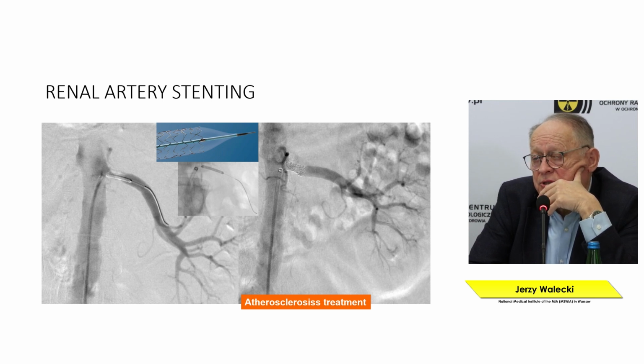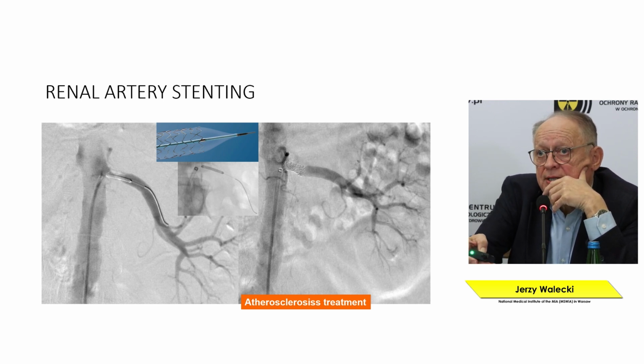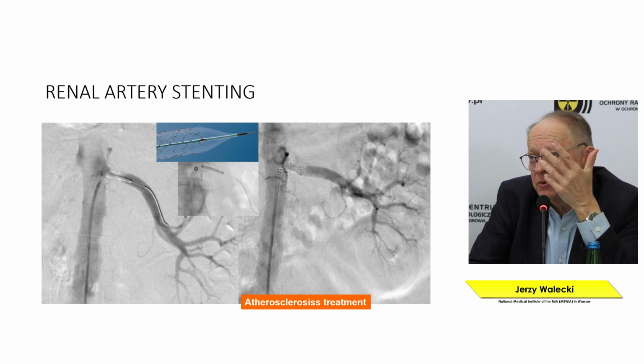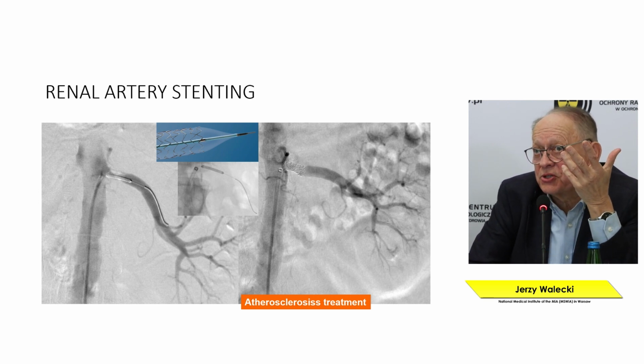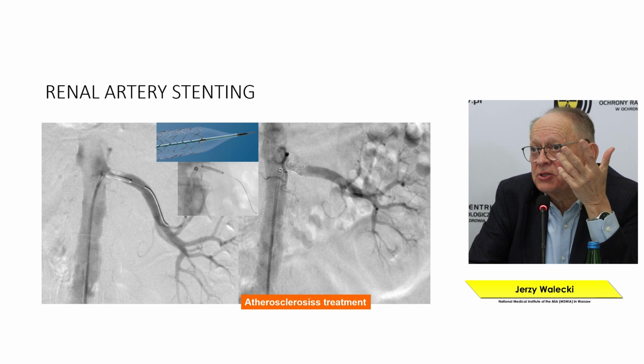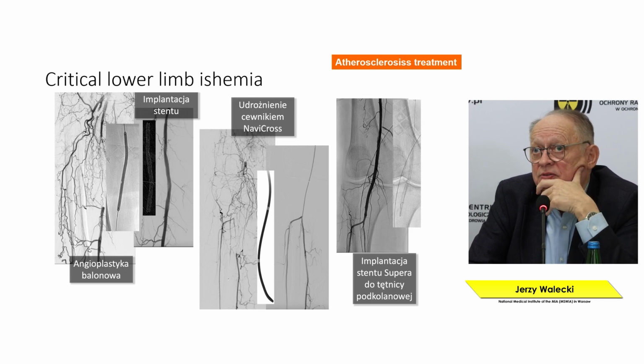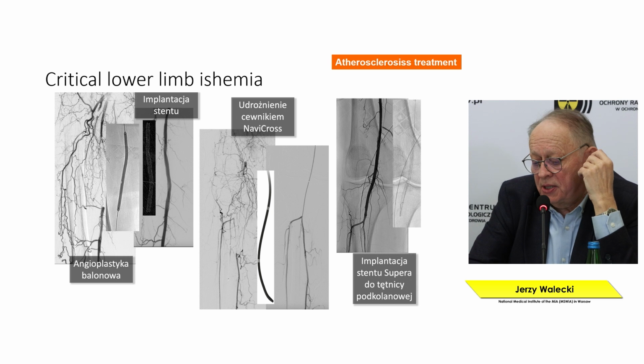So stenosis of the renal artery, hypoplasia, sclerosis-like changes occur. You can see it when you look at the aorta, and again the stent has been introduced. It's very important clinically because these stenoses result in high arterial pressure. Here you can see the implantation of the stent.